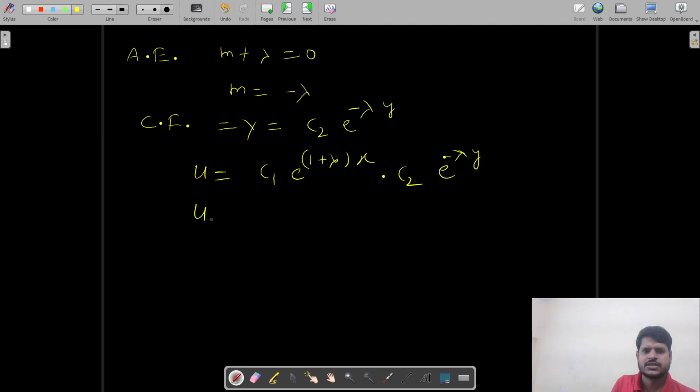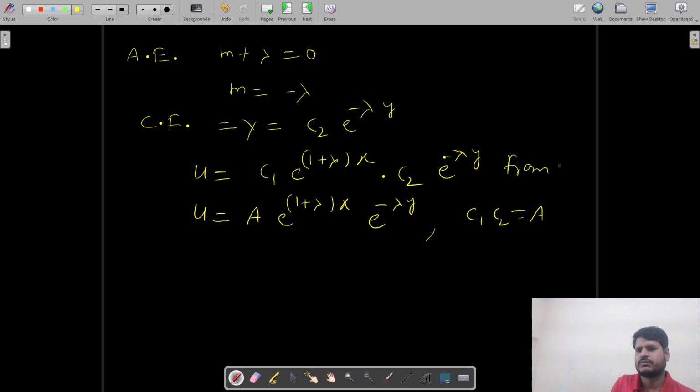You can consider u equal to capital A e raised to the power 1 plus lambda x, into e raised to the power minus lambda y. Here c1 into c2 is equal to A. So this is the solution.